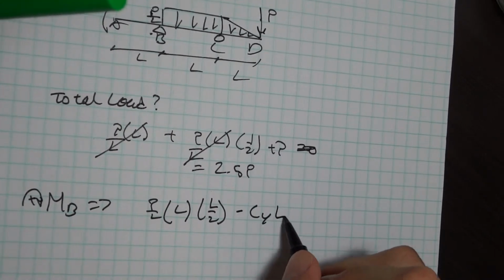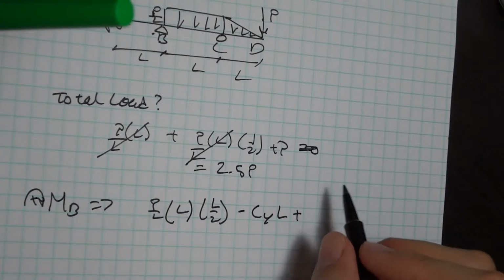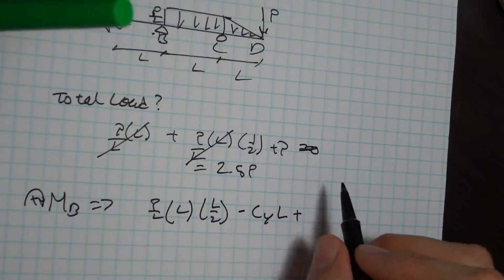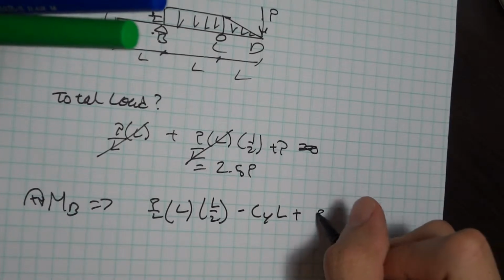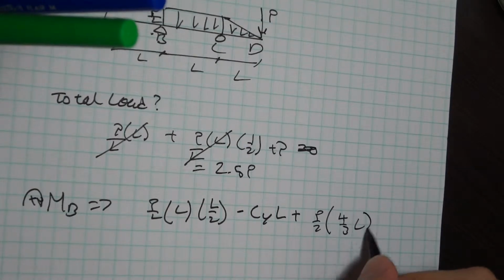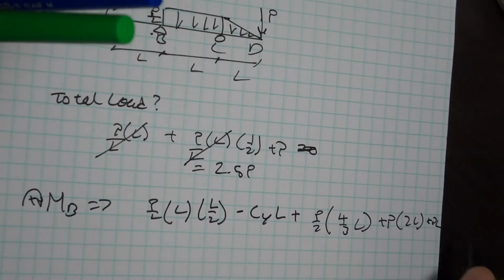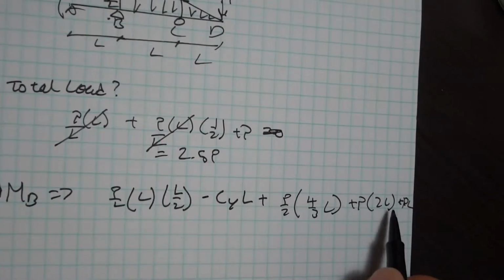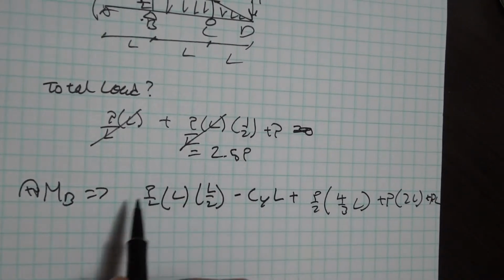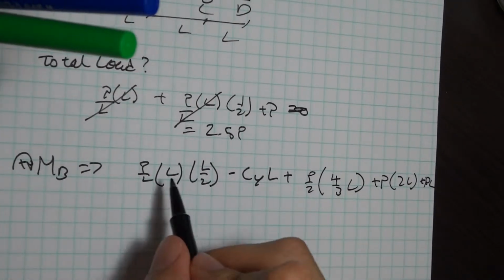Minus CY times L plus P over 2 times 4/3 L plus P times 2L plus PL. This PL term is from the applied moment. It doesn't matter where I am in the system, I have to add it if I'm doing sum of moments. I add all applied moments if I'm working with sum of moments.